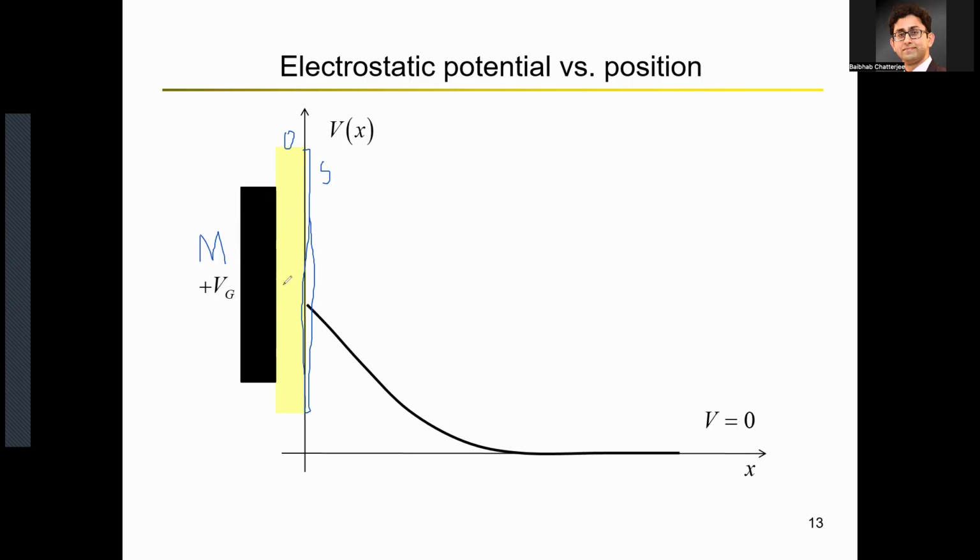So of course, you'll have a voltage develop at the metal side, and you'll develop a very similar amount of voltage on the semiconductor side as well, if there is no loss in the oxide layer.